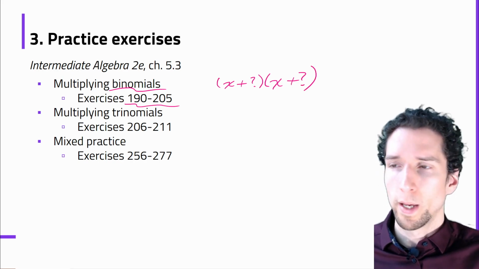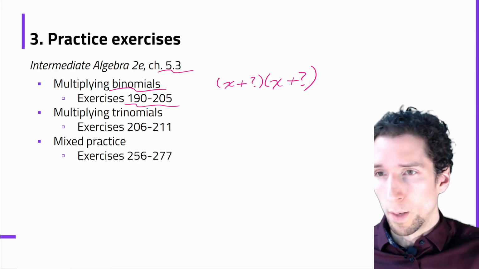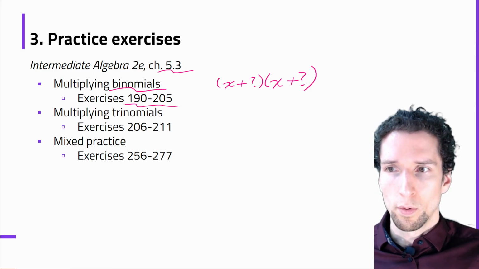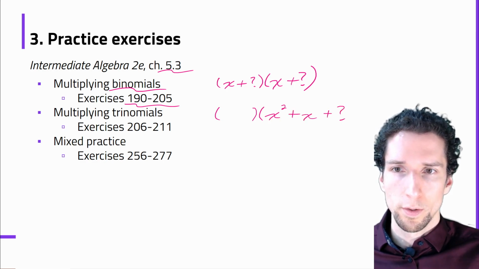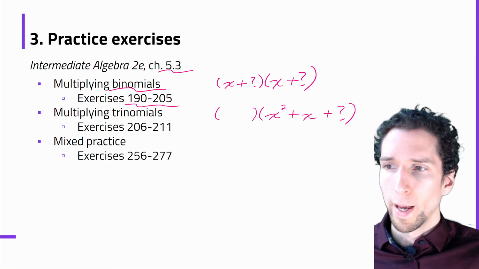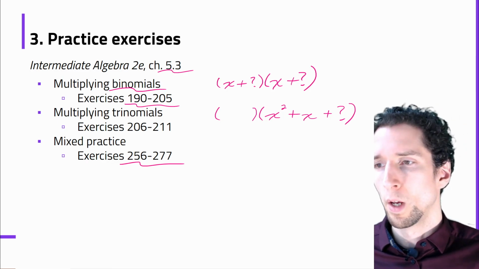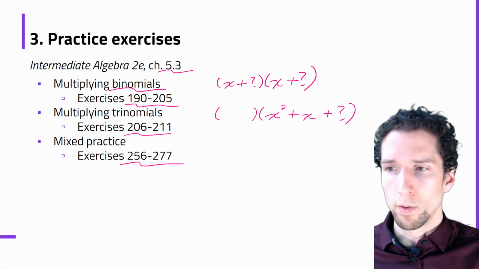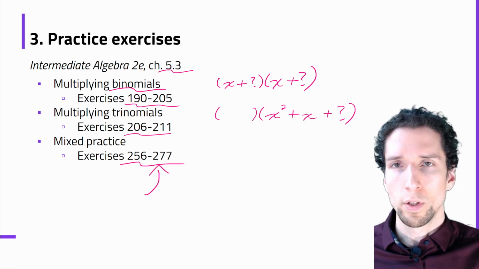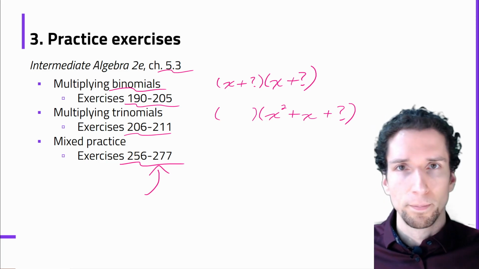These are from the intermediate algebra textbook, chapter 5.3. Multiplying trinomials again, so it will be something times a term with 3 parts like this. And then mixed practice with just kind of a whole bunch of different types of things. Again, if you're okay with the other ones and you just want to verify that you can do these well and quickly, then just skip straight to the mixed practice. Up to you.